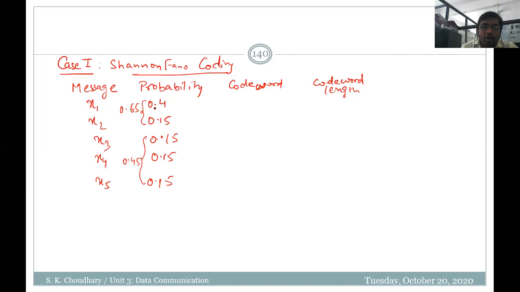Otherwise you can take 0.4 and 0.60. But in the previous numerical we have seen that when you partition according to probability, and there is no chance of equal probable groups, then we take the top one having the higher probability than the lower one.